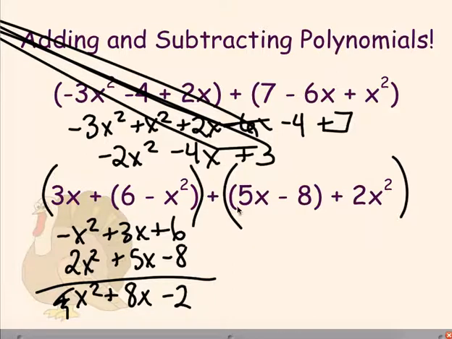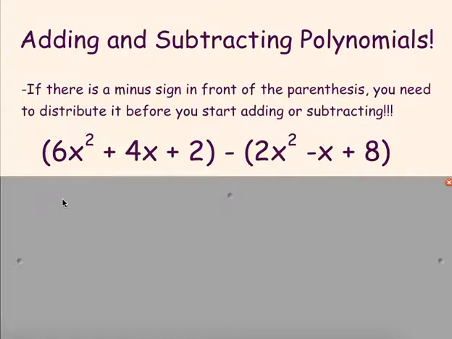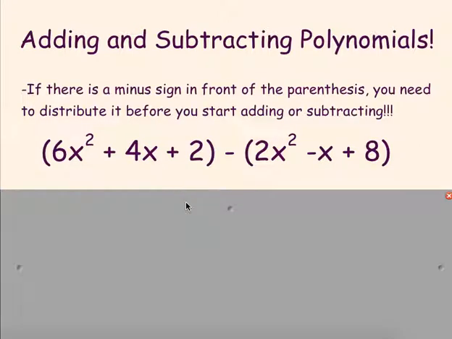Now, this method really works well if we have addition between our parentheses. But if we don't, if we have subtraction, we need to do a couple things before we get there. What this subtraction means is that everything in this parentheses needs to be subtracted. So I need to distribute this subtraction to everything inside.